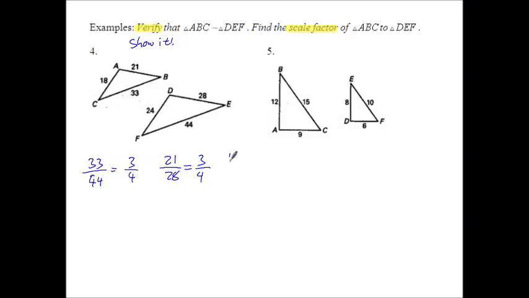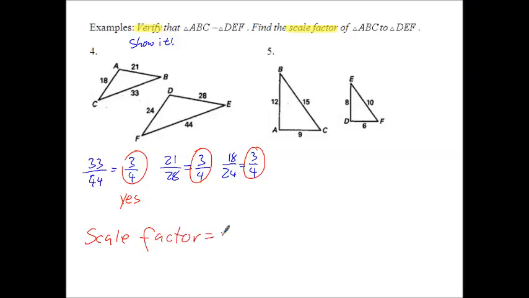And the shortest sides, 18 over 24, also end up in a ratio of 3/4. So the ratio is the same each time, so we can say yes, they are similar, and the scale factor is the ratio that we just calculated. The scale factor is equal to 3/4.